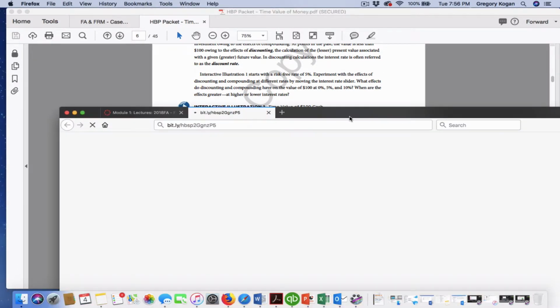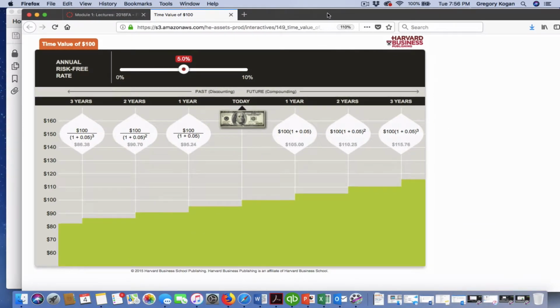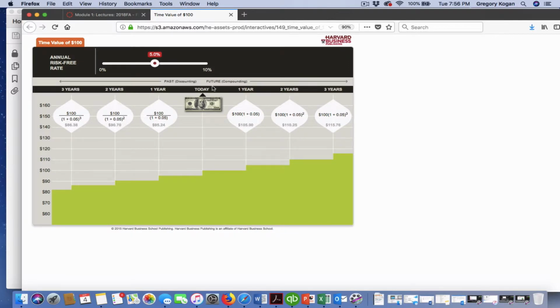I would encourage you to go through this concept. The idea is, what is the present value of $100 going 3 years from now?